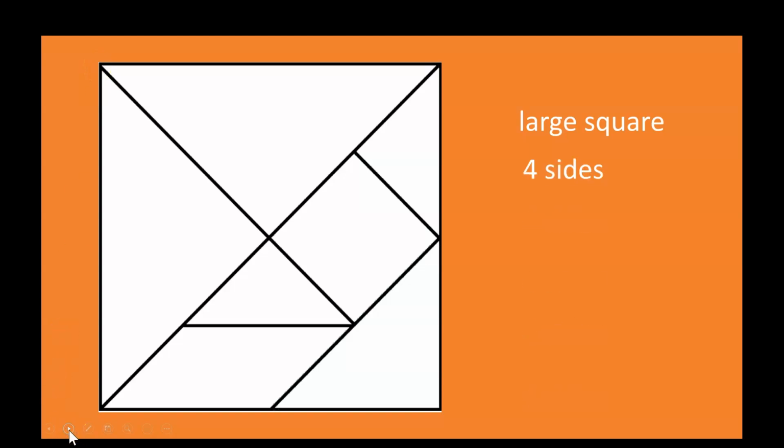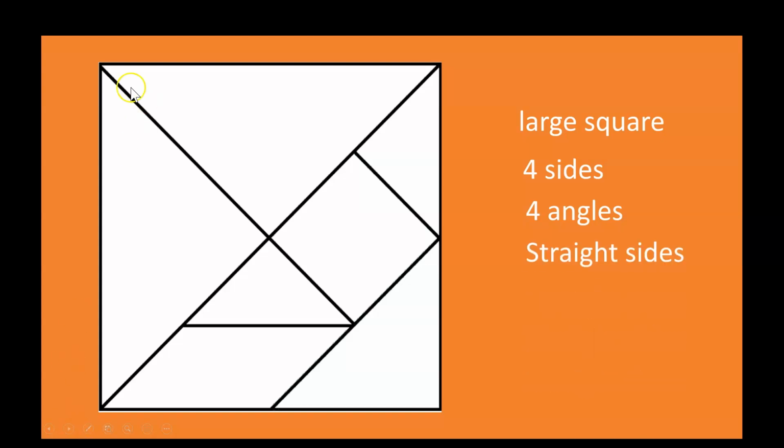And we're going to say that the attributes of this one large square are 4 sides. If you count, 1, 2, 3, 4. There are 4 angles, 1, 2, 3, 4.